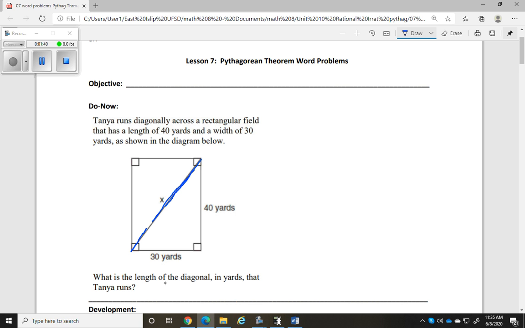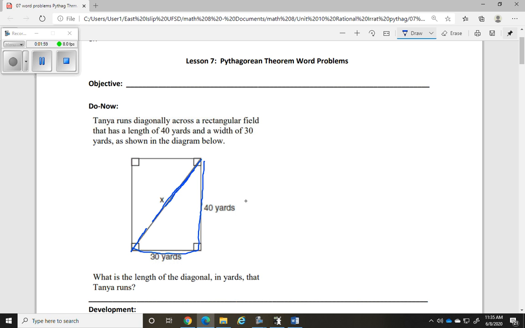And we want to know the length of that diagonal that she ran. So if she ran around the outside of the field, she would go a total of 70 yards. But if you go diagonally across, she should be saving herself some time.